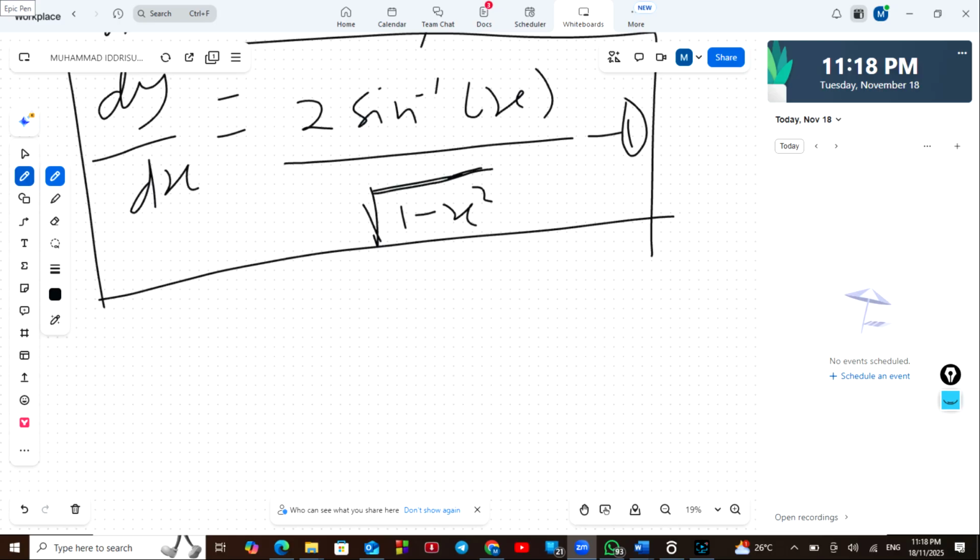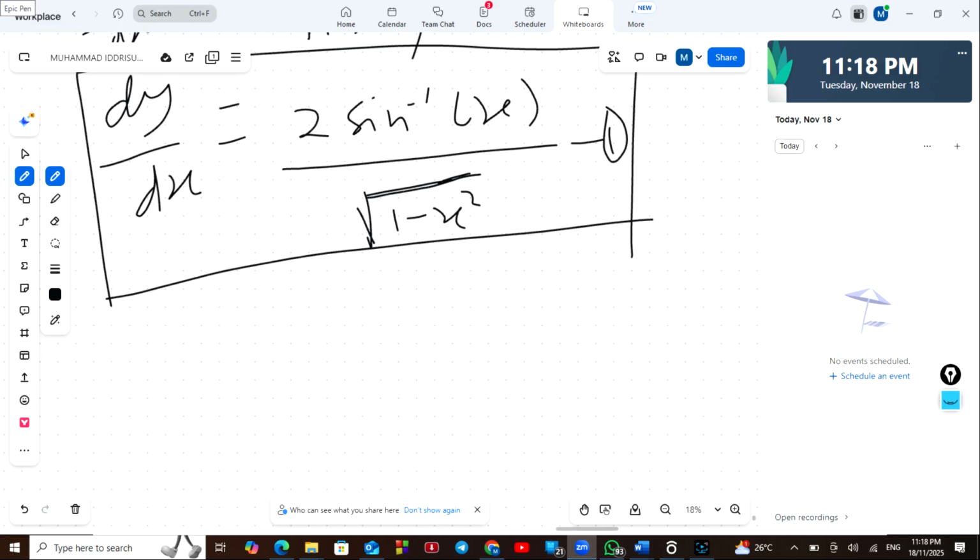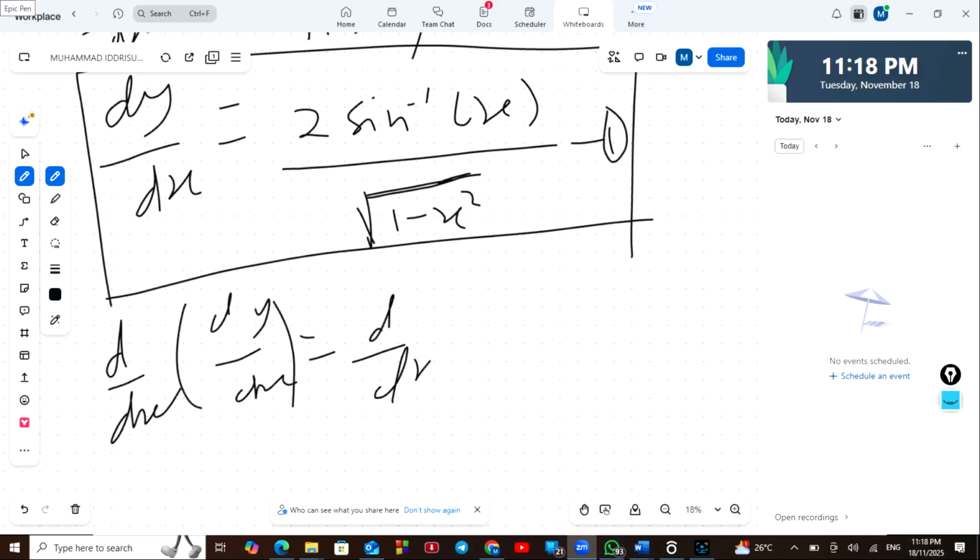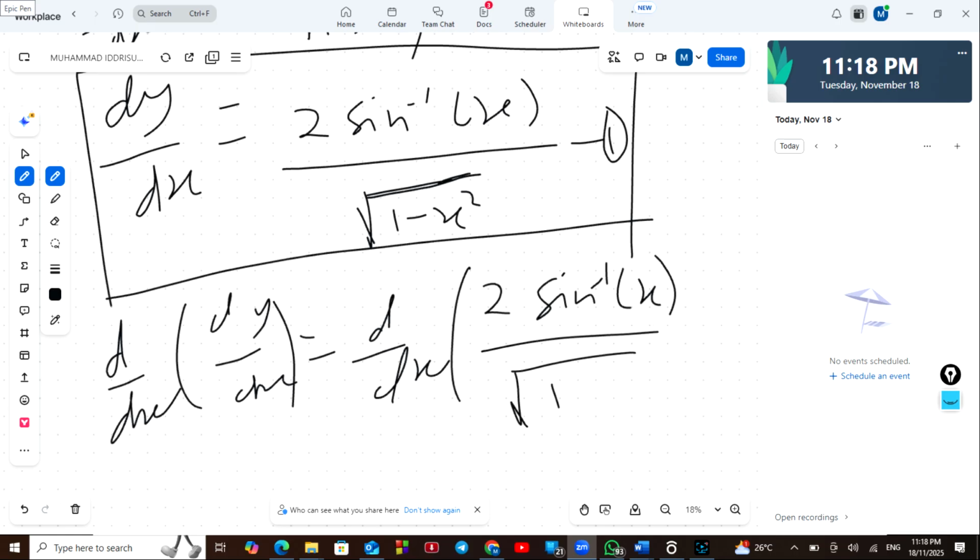So let's differentiate further. We might need this as we continue with our solution. The derivative d/dx of dy/dx will be equal to d/dx of 2 sine inverse of x over the square root of 1 minus x squared.